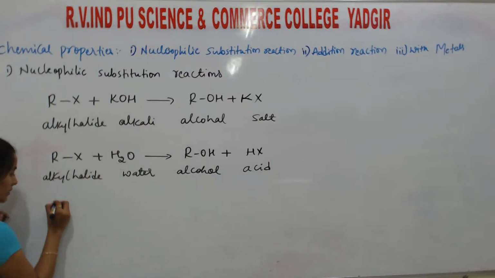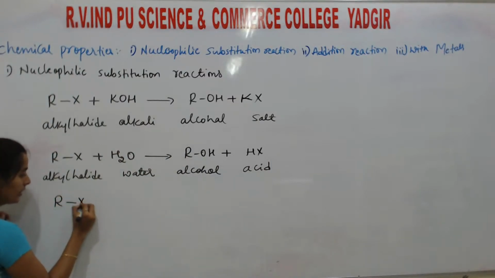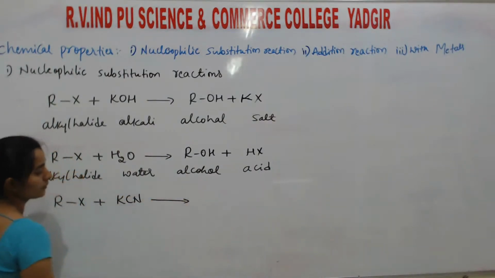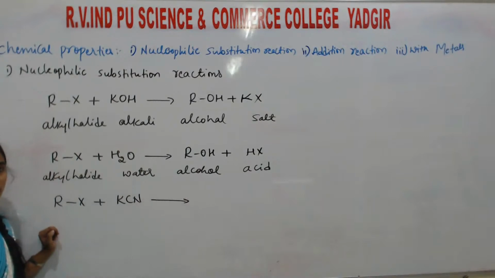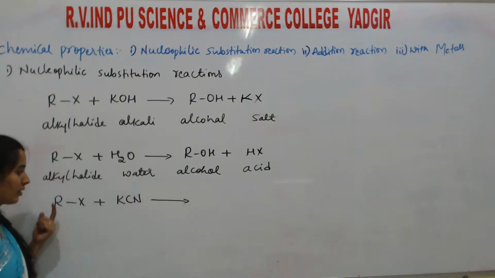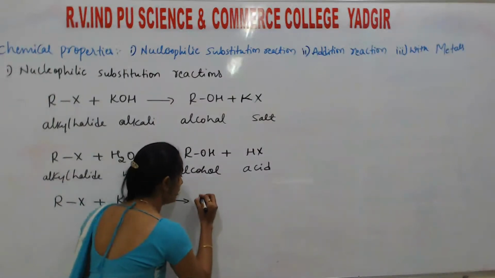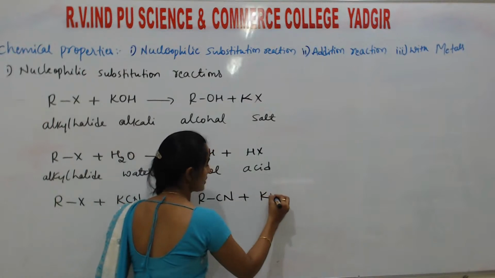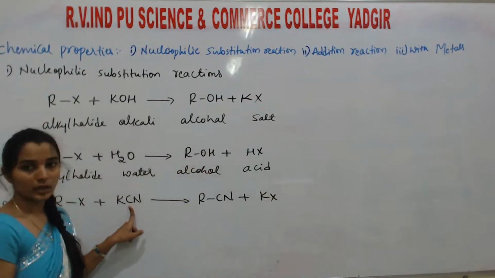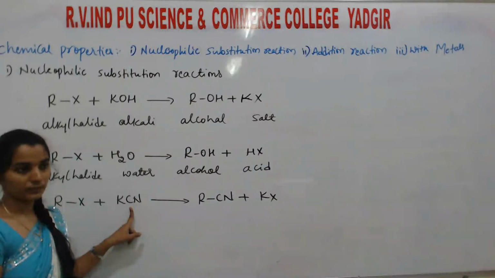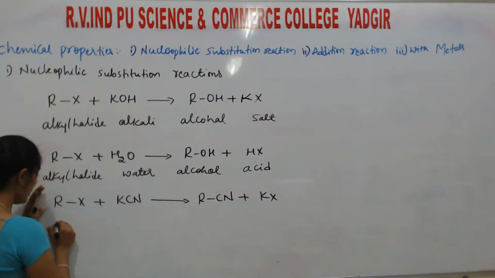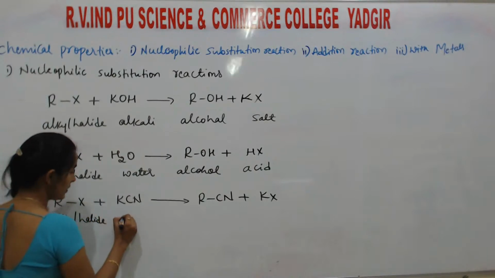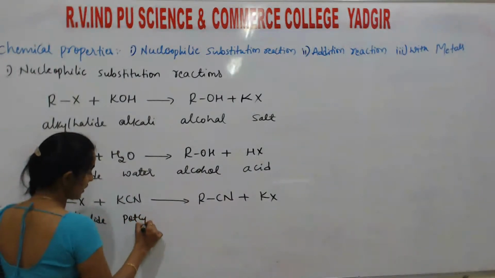Okay, next another one is RX plus KCN. RX plus KCN, they form, students, RCN compounds plus KX. Here the nucleophile is CN. Okay, so listen, here alkyl halide reacts with potassium cyanide.